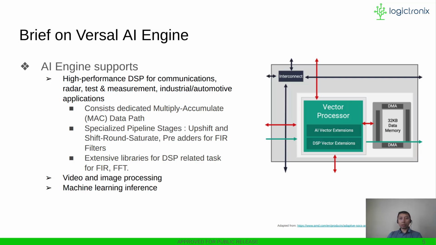A single AI engine kernel is a vector processor, so you can do parallel data computation, like multiplication or any processing computation, in the bounds of 16 or multiples, within a single cycle. It also has various DSP signal processing related hardware architecture or data path.